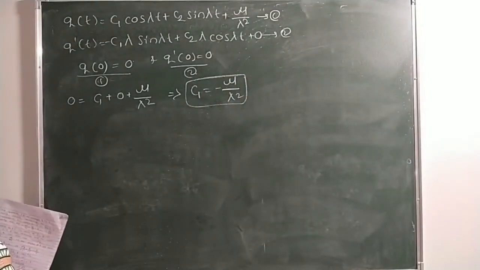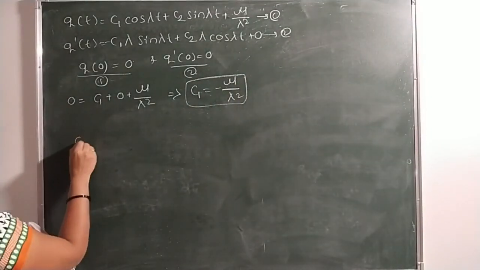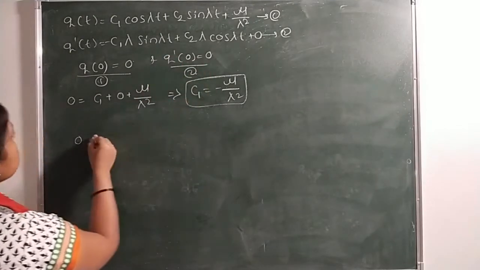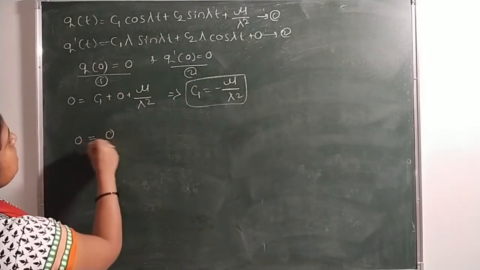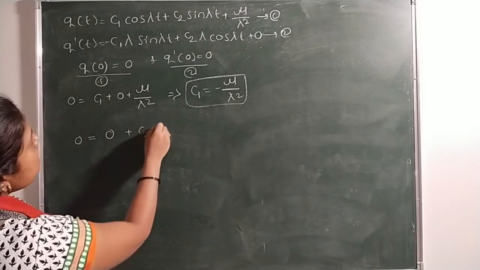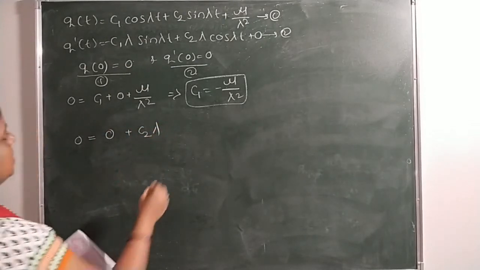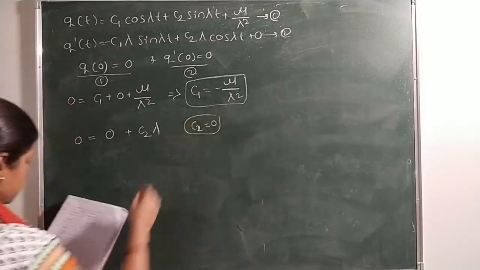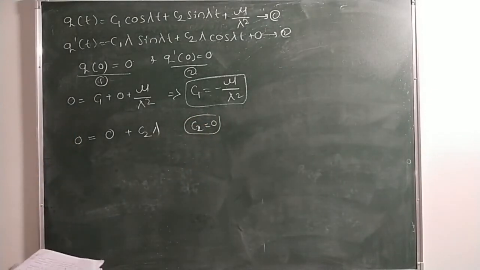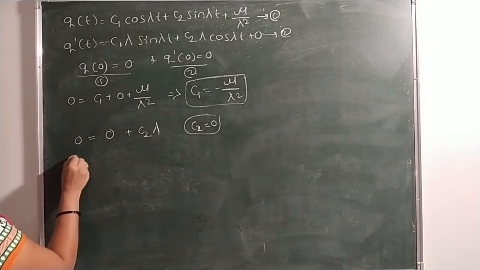Similarly, substitute in equation 2, Q'(0) = 0. 0 equals, again t is 0 means sin is 0, plus C2 λ, so C2 is equal to 0. These two you substitute in your equation 1.